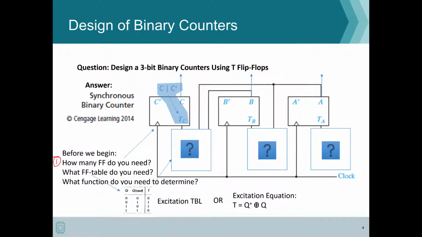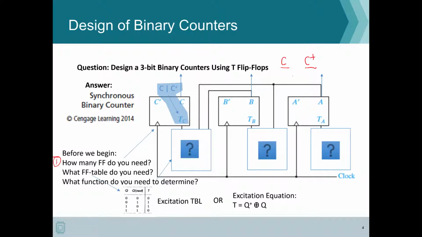The second thing that we need is what type of flip-flop equation or table you need. Whenever I have the current state, and if you want to calculate the next state, which in this case is for the flip-flop C, you have a current state which is C, and the next state is C+.